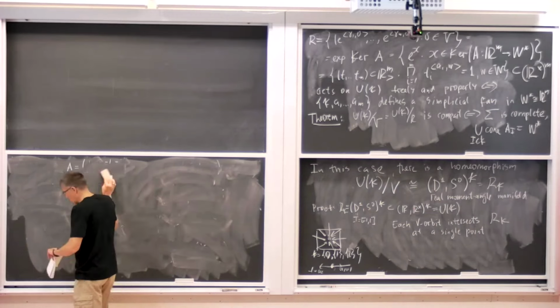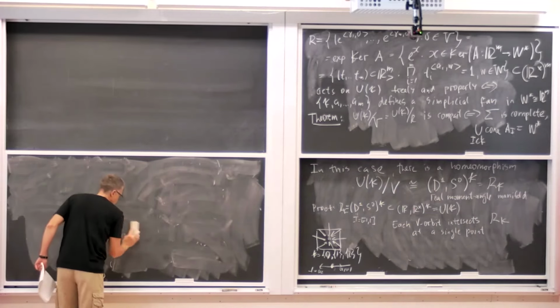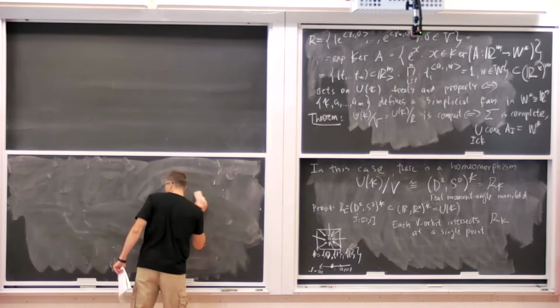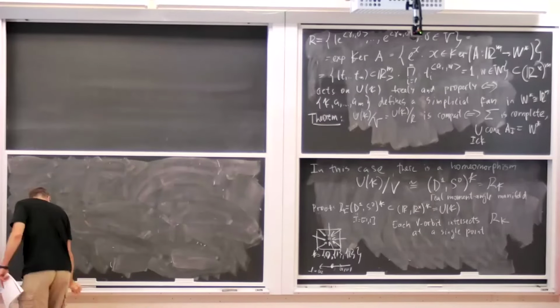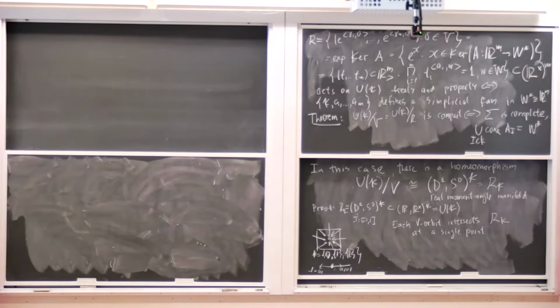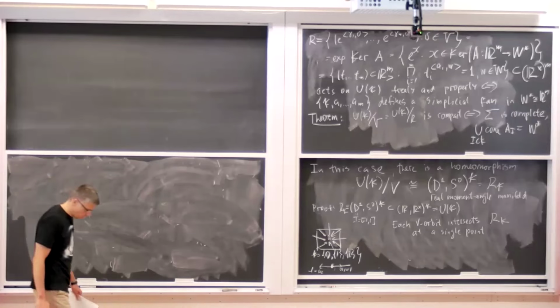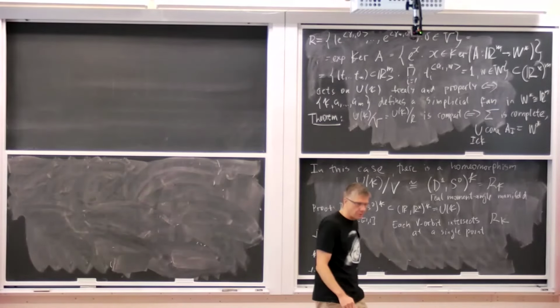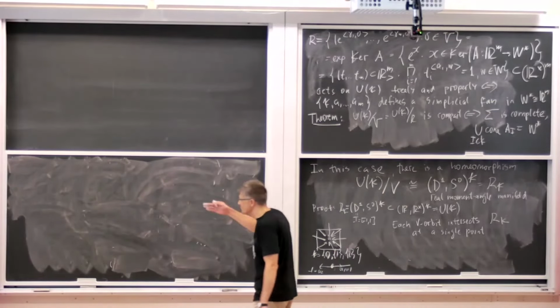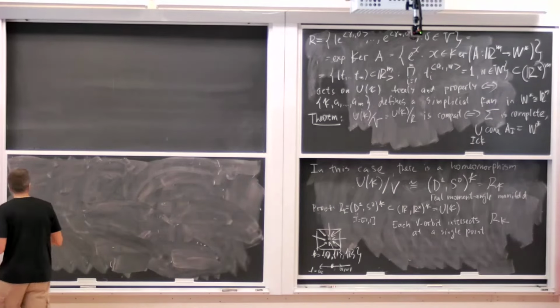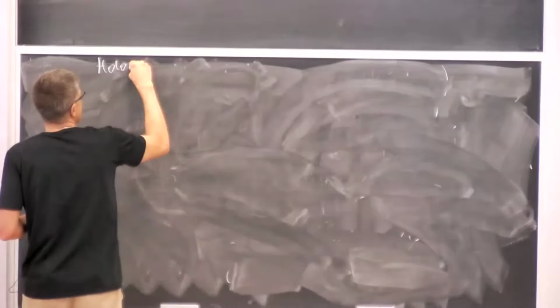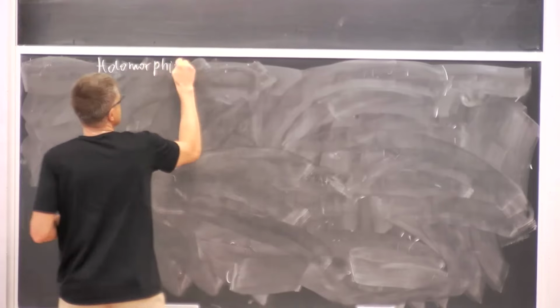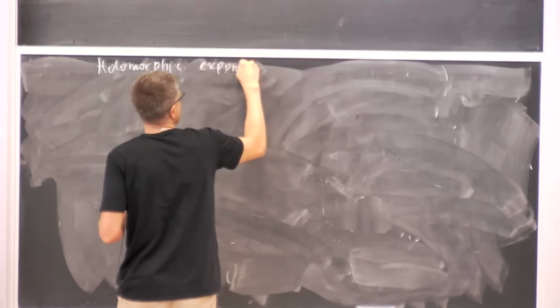I'll go through these 2 other versions of this exponential action, and that will tell you how to put geometry onto moment angle manifolds, how to represent it as a complex analytic manifold, and also how to produce toric varieties out of this construction. So let's say holomorphic exponential.